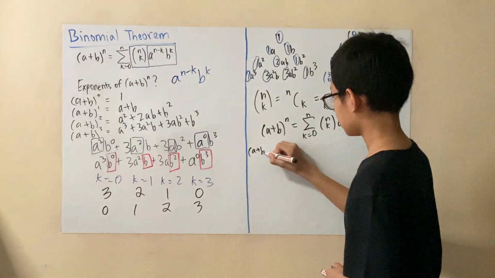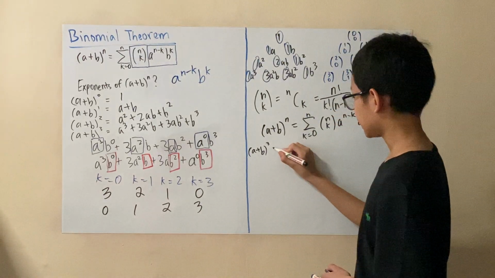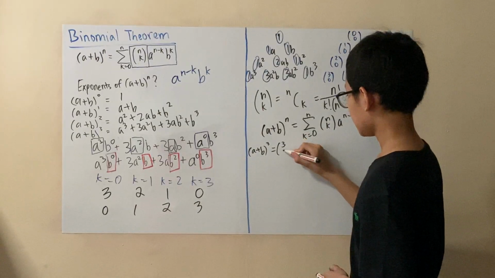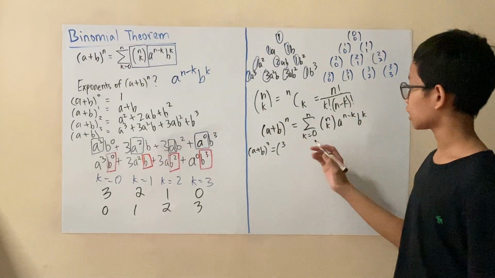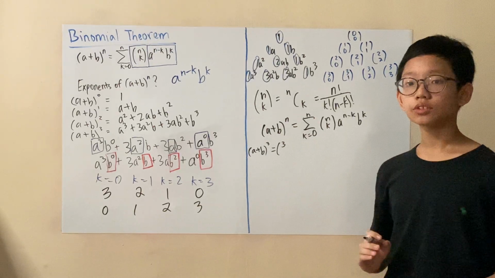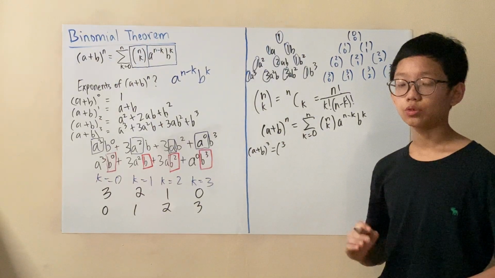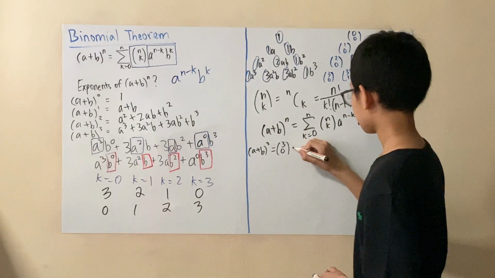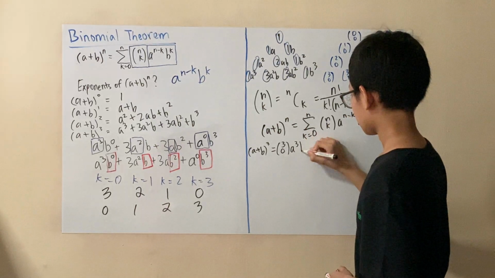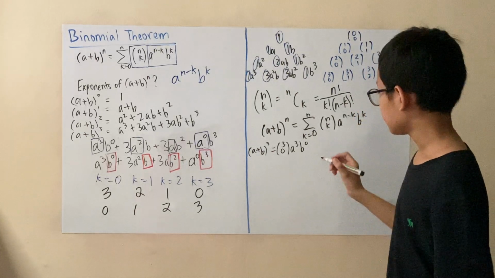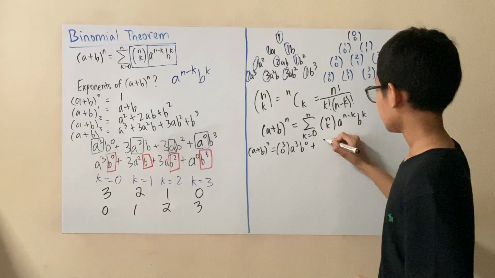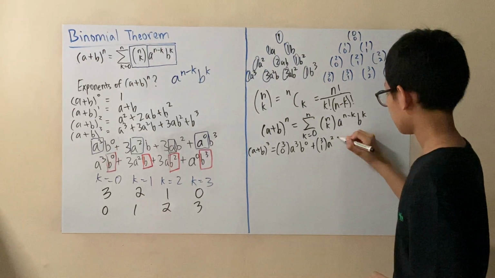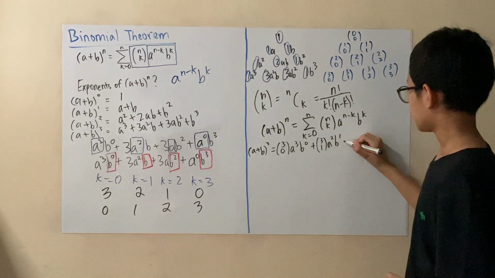So (a + b) to the power of 3, and in this case n is 3. Firstly, we take k as 0, because following the sigma notation, we start from 0 to n. So first, we'll start with k equals 0. And then this is our first term. Then we'll go on to our second term with k equals 1. That's our second term.